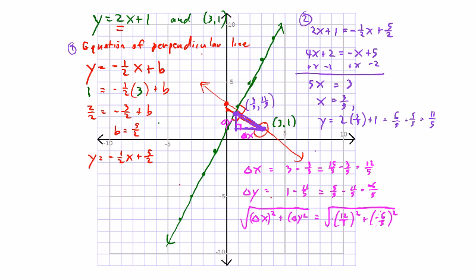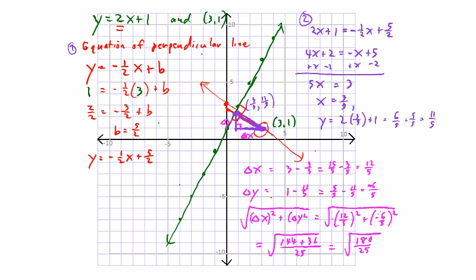So if we work through this, we get the square root of 144 plus 36 all over 25. Both terms have the same denominator. So we can add 144 and 36. And when we look at that, we have the square root of 180 over 25.